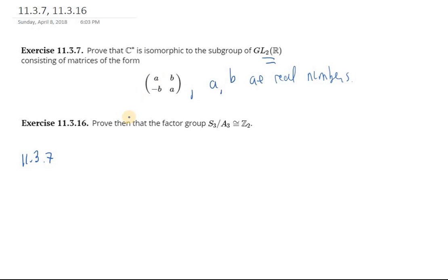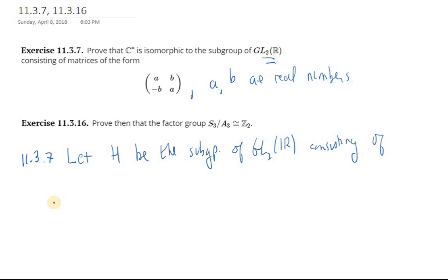So first of all, let's identify the two groups. The domain is C star, and the isomorphic group, the range, is this subgroup. So let's give that a name. We'll say let H be the subgroup of GL2 of R consisting of matrices of this form, [a, b; -b, a].